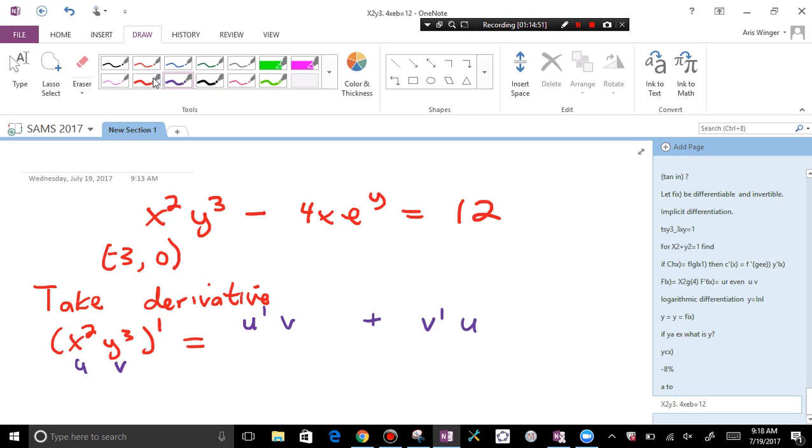Again, if you're a speed demon, go ahead and write all of this in one line. u prime is 2x, v is y to the third, plus v prime is 3y squared times y prime, times u, which is x squared. This first derivative is 2xy cubed plus 3x squared y squared times y prime.